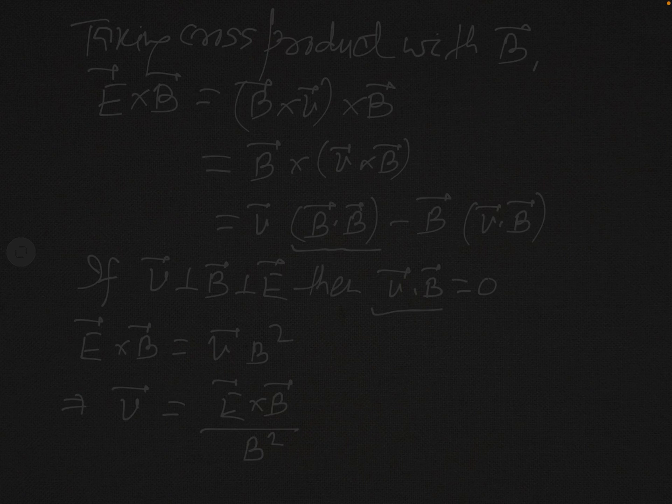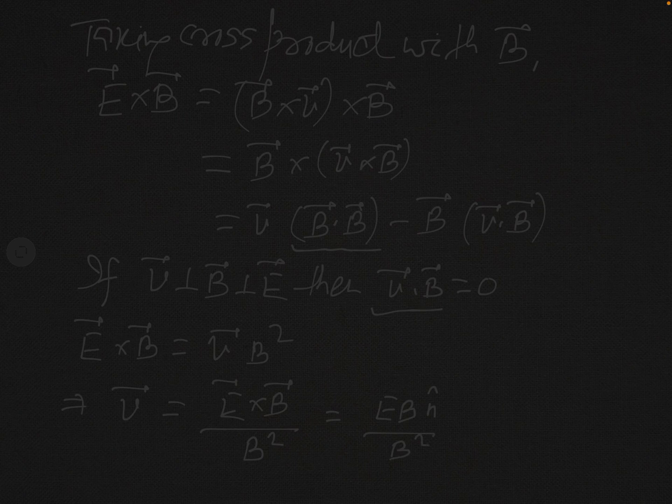And actually, since E and B are also perpendicular to one another, this will be simply equal to EB times a unit vector, let us say n hat, over B square.